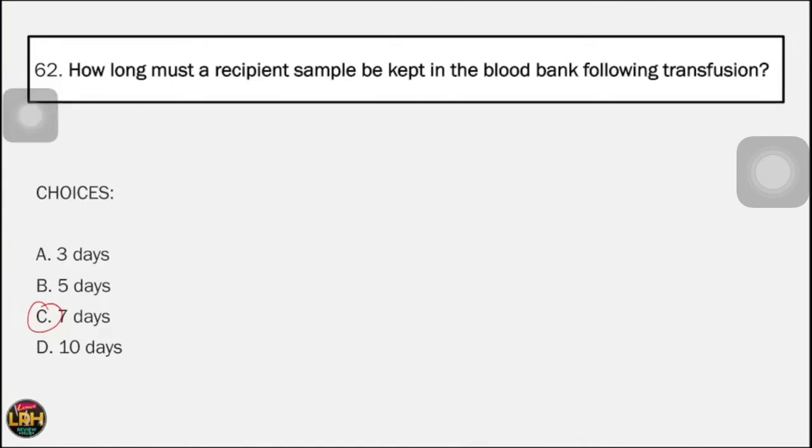The recipient blood samples must be kept sealed or stoppered and kept at refrigerator temperature for at least 7 days after each transfusion. So number 62, the answer is 7 days, letter C.